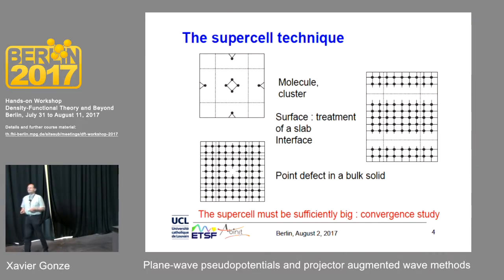As mentioned by Sergei, one might need to do a supercell size convergence study and see whether we really have an independence of the property that we compute with respect to the distance between the images. We can deal with a point defect in a bulk solid. As you see, there is an image of the point defect here, and we have to make sure that the images are far apart. Or we deal with a slab in order to simulate a surface.